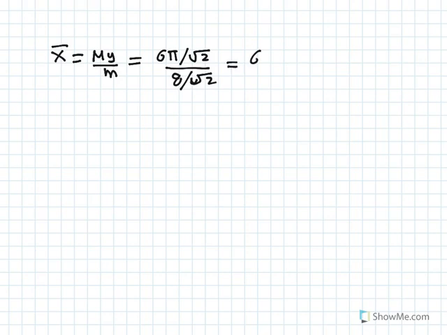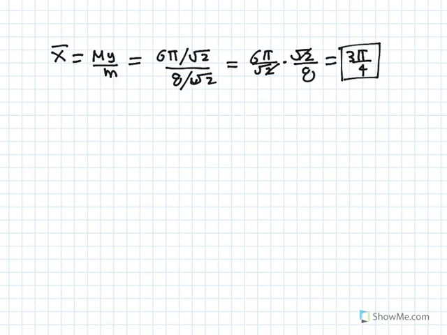Well, x bar is equal to the moment with respect to the y-axis divided by the mass, and that gives us 6 pi divided by root 2, divided by the mass, which is 8 divided by root 2. So we get 6 pi divided by root 2. Flip the denominator, we get root 2 divided by 8. Root 2 cancels, and we simplify. 6 pi over 8 is the same as 3 pi over 4. Let me just write that a bit better. This is 8 here. All right, so that's x bar.